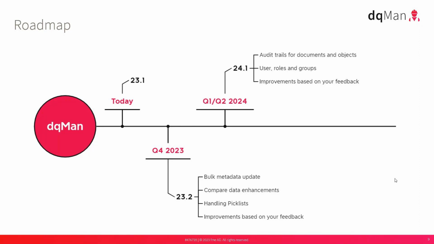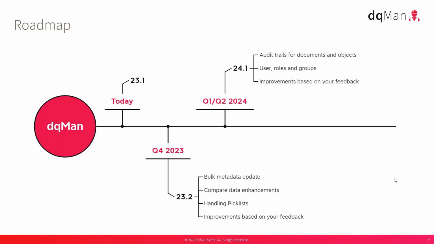Currently, we have a compare data feature in the current version, but we want to enhance it to provide more capabilities, so you can compare data from two different vaults or from a vault and an external source.